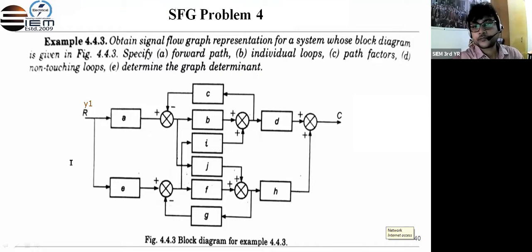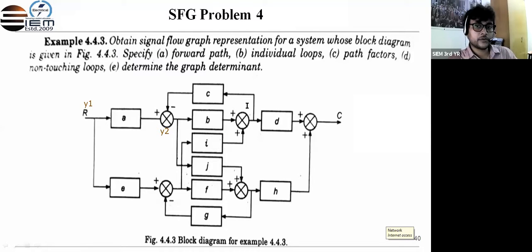Y1. Okay. Next, this particular point Y2. This particular summing point and this particular takeoff point can be treated as a single node, because I told you in the first problem that the value coming out of the summing point is the same as the takeoff point value, and here also the summing point output is the same as the takeoff point value.